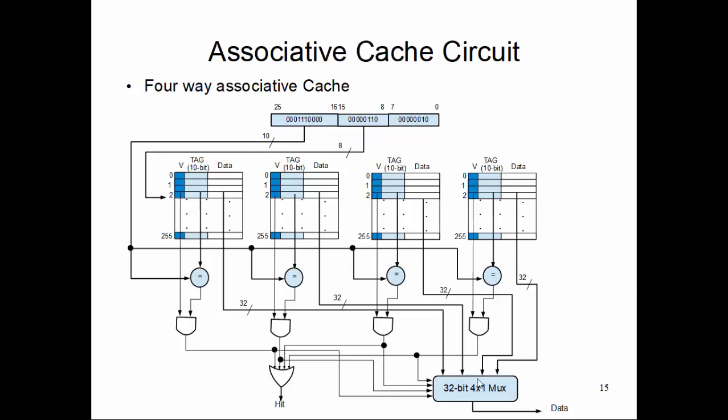Now this multiplexer is a special multiplexer called a one-hot multiplexer. It means it has 4 selection lines in this case, and only one of the lines can be one at a time. That means inside this block there is no need for a decoder. We have 4 selection lines telling which one to select, and we basically select that data out of the multiplexer using this one-hot multiplexer technique.